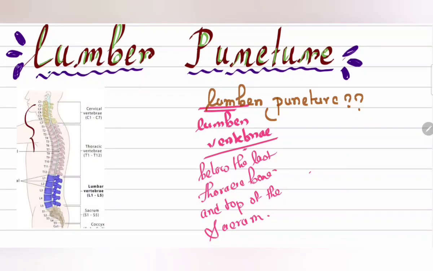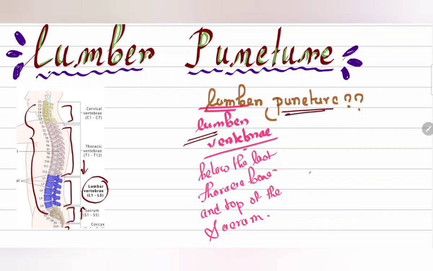So these are the spinal cord, and these are the cervical vertebra, these are the thoracic, these are the lumbar, and these are the sacrum, and these are the coccyx. So the lumbar vertebra is located below the thoracic vertebra and top of the sacrum vertebra. I think you all understood the location of the lumbar vertebra.